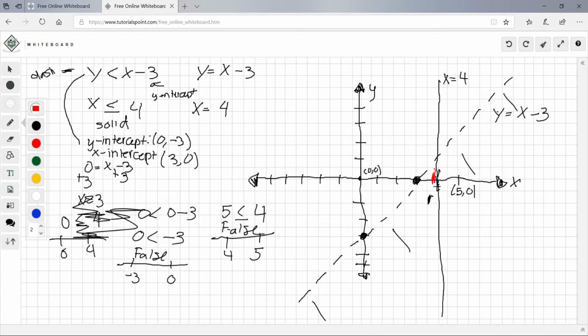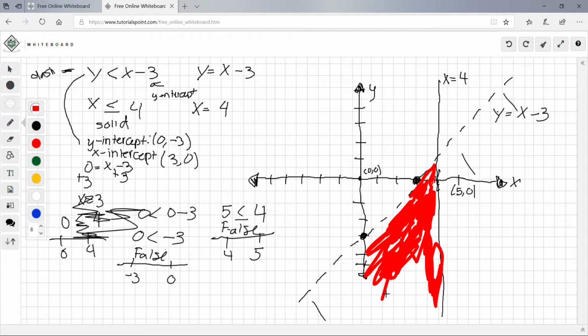So it's just this entire region. So yeah, for the shading, when you're involving two inequalities, the shaded region has to satisfy both areas.